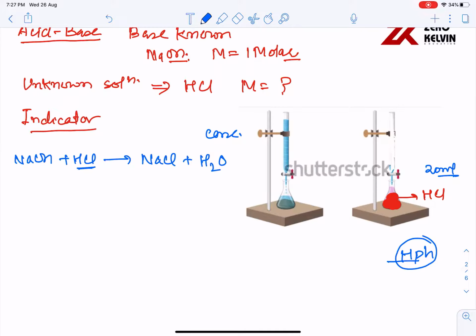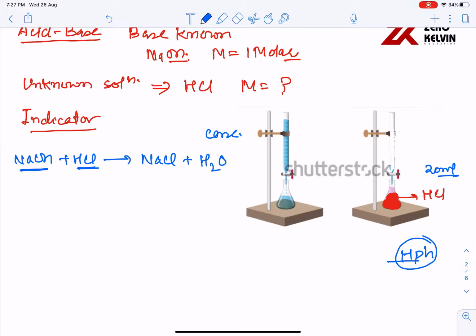When the milliequivalent of NaOH added is just equal to the milliequivalent of HCl neutralized, that point is known as the equivalence point. But at the equivalence point we will not get the color change. This is a drawback of this titration, right? So we have to rely on the color change, and keep on adding the NaOH.